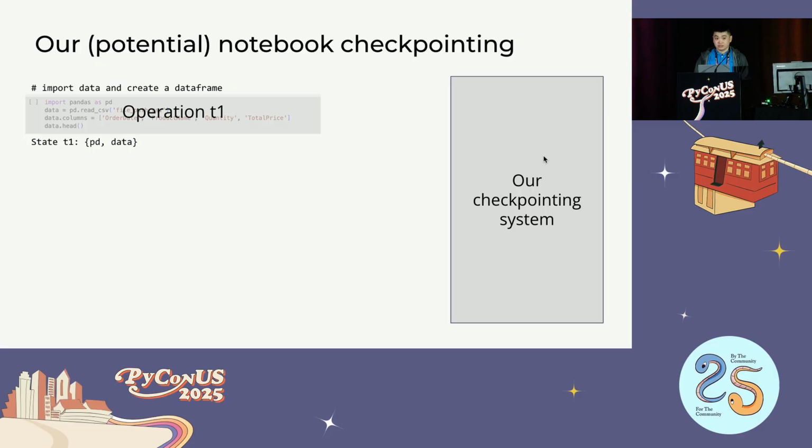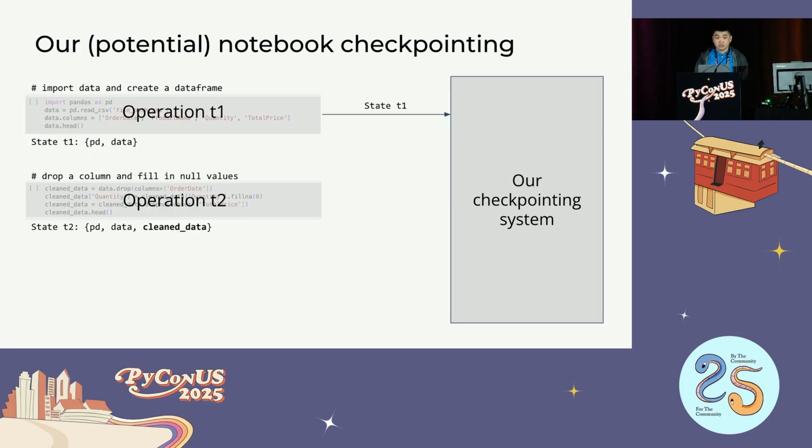So our checkpointing system will checkpoint that. And then suppose the user runs some more cell executions, for example, operation 2, which creates a new data frame called clean data. Then instead of dumping the entire session state, we will just store the difference between the state before and after executing the cell. In this case here, the clean data variable. And these differences are so-called state deltas.